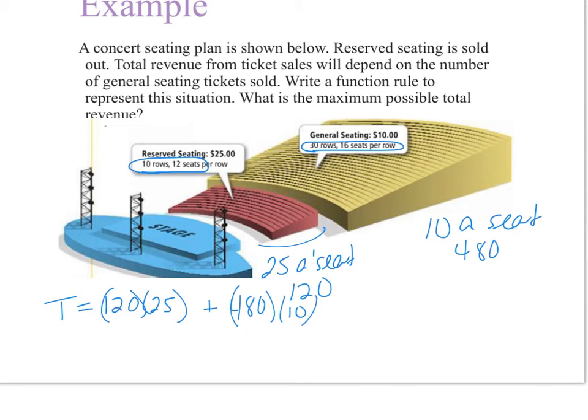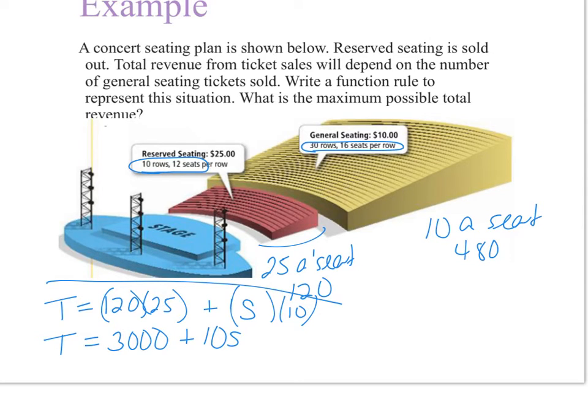But that's only if they all sell. Now, some of them might not sell. So if less of them sell, let's say S sells. So that's the number of seats that sell. So my function rule will be T equals 3,000, that's 25 times 120, plus 10S, $10 for each general seat that sells.